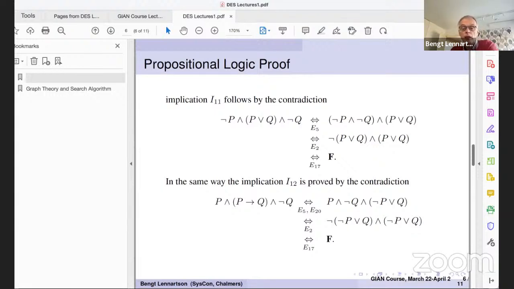And then not R or S can also be expressed as R conditional S. And then once again, R and R conditional S means S. And if a statement is true, then you can always add a conjunction to that with anything, for instance Q in this case.